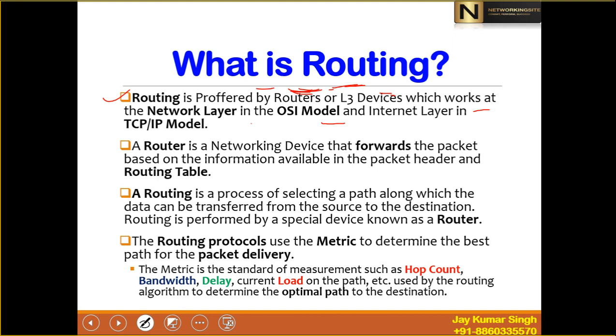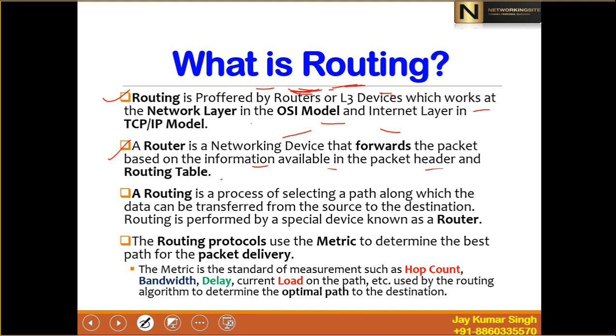A layer 3 device, or layer 3 switch, acts as a layer 2 switch as well as a router, meaning it works as both. A router is a networking device that forwards packets based on the information available in the packet header and the routing table.